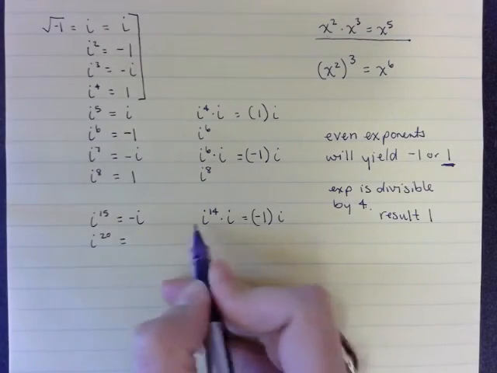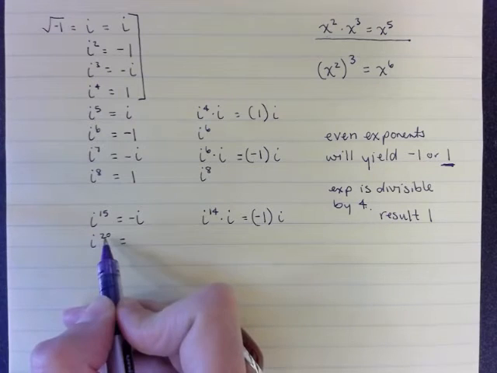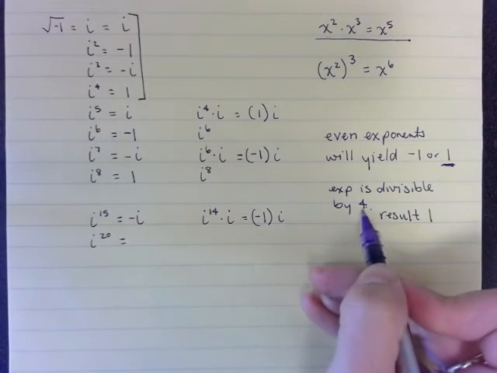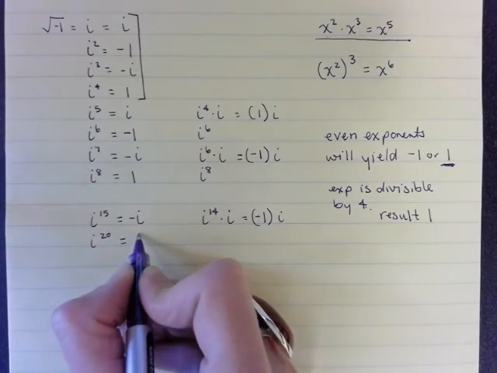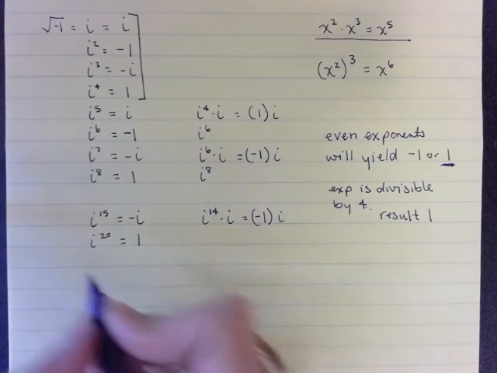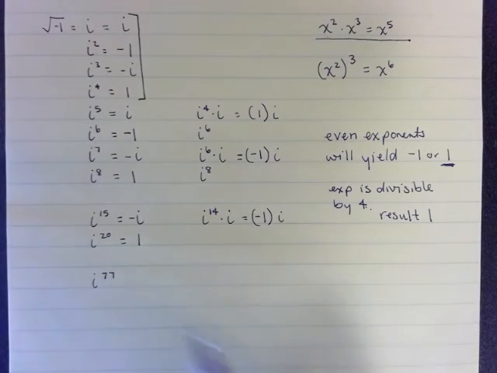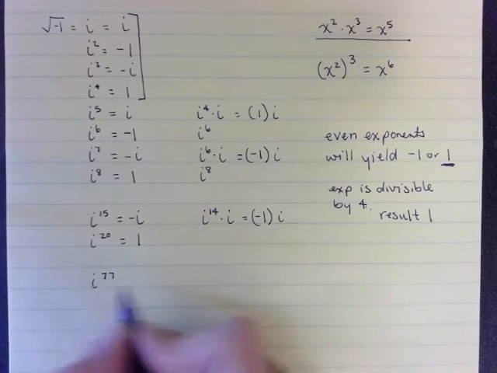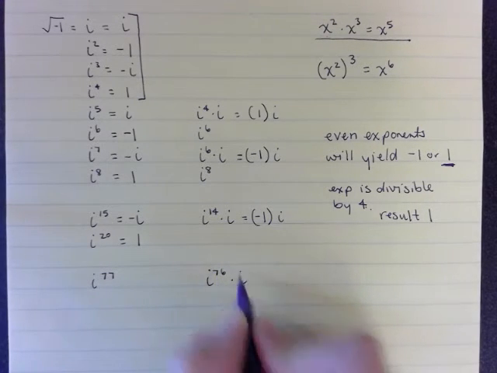Well, I don't even have to rewrite it using different rules, because I know that 20 is divisible by 4, so i to the 20th is going to equal 1. What about i to the 77th? How can I rewrite i to the 77th? I simply write i to the 76th times i.